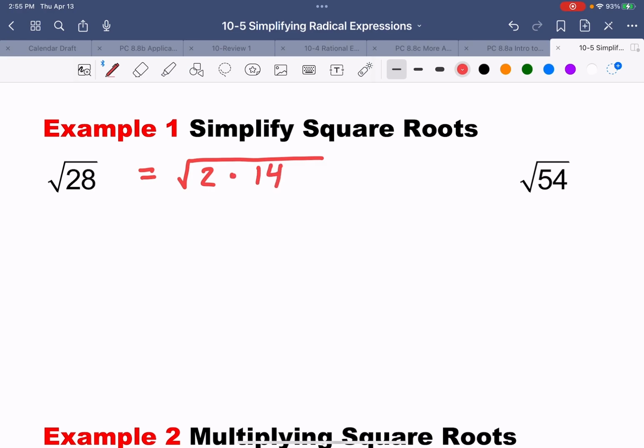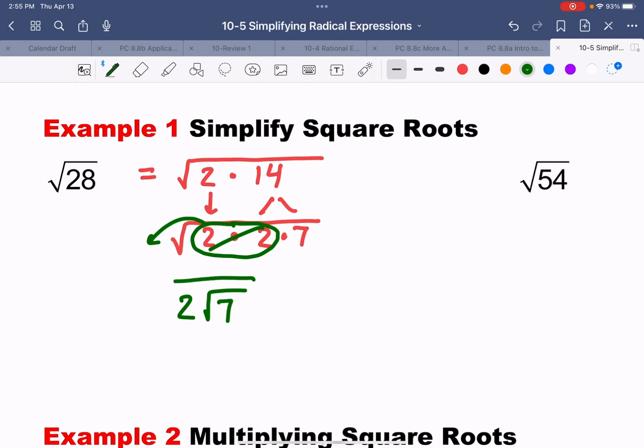I could start with 7 times 4. 14 breaks down into 2 times 7, and I bring this other 2 down. So what I've done is broken down 28 as a product of 2 times 2 times 7. Since it's a square root, I can take out pairs. That represents square root of 4, so that comes out and becomes 2, leaving me with root 7 underneath.